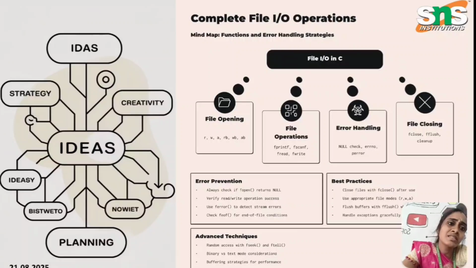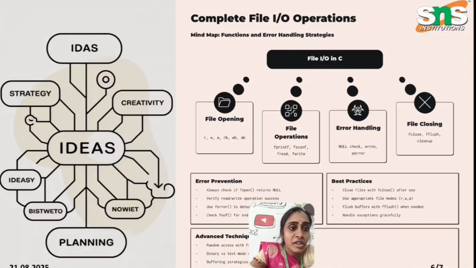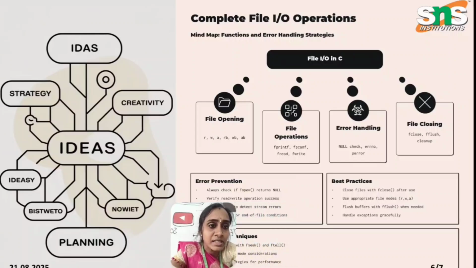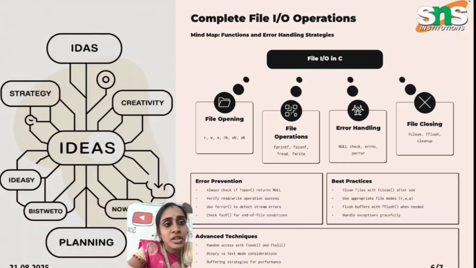Best practices: close files with fclose after use. These are some of the best practices while using file operations. Use the appropriate file modes, write or read mode, and flush buffers with fflush when needed. Next, handle exceptions gracefully.